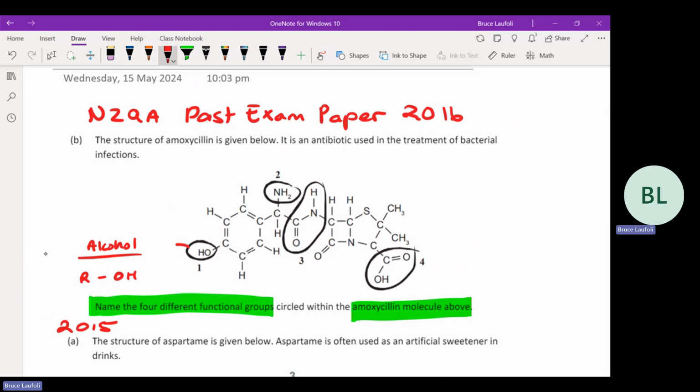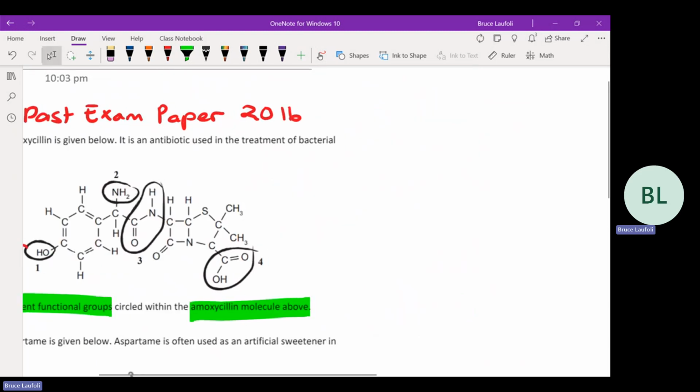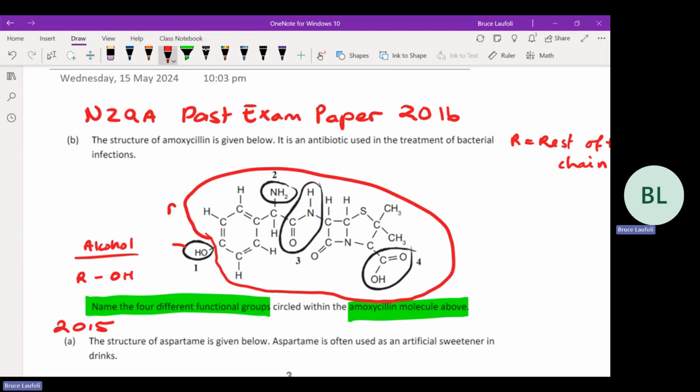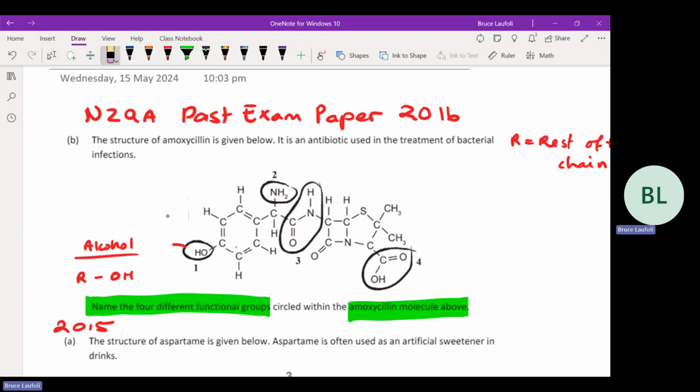When we say that R represents the rest of the molecule or chain, we are telling ourselves that all of this is R. It's the rest of the chain, because it doesn't matter. This entire R group is bonded to one isolated OH, and so that recognizes it as an alcohol.